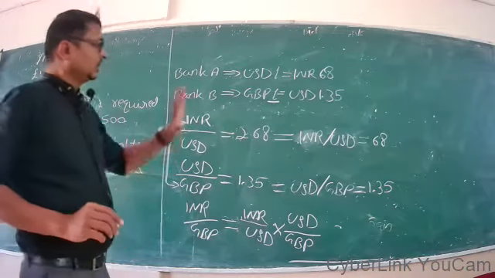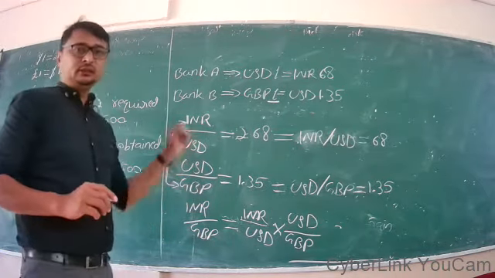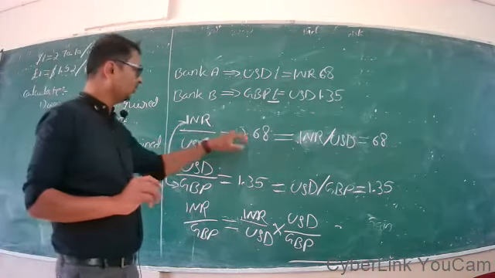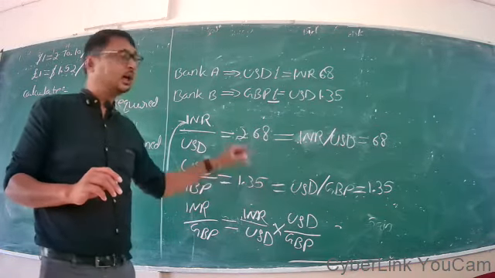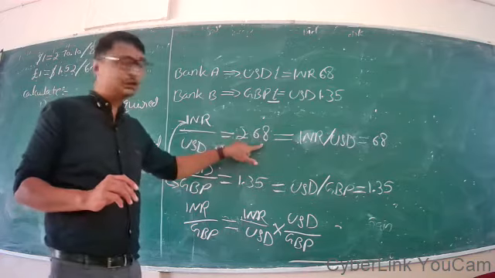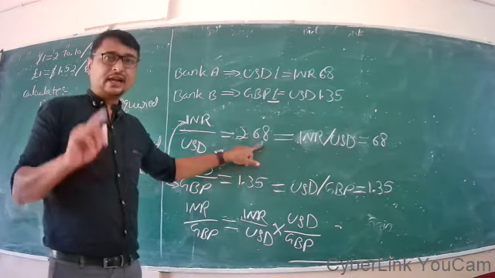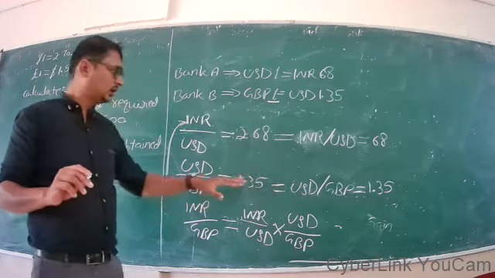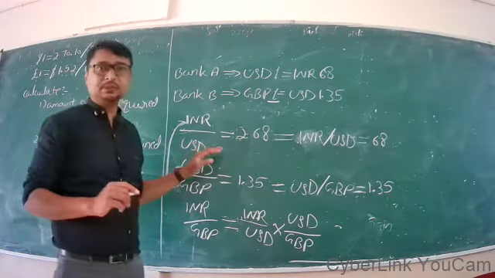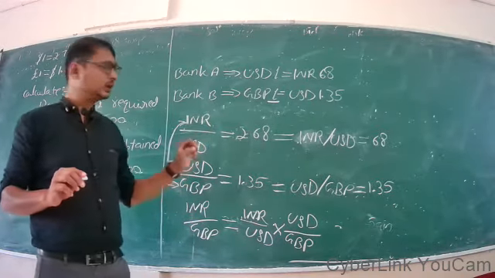If US dollar 1 is equal to rupees 68 and 1 GBP is equal to 1.35 US dollars, then to buy 1 GBP, how many rupees do you require?